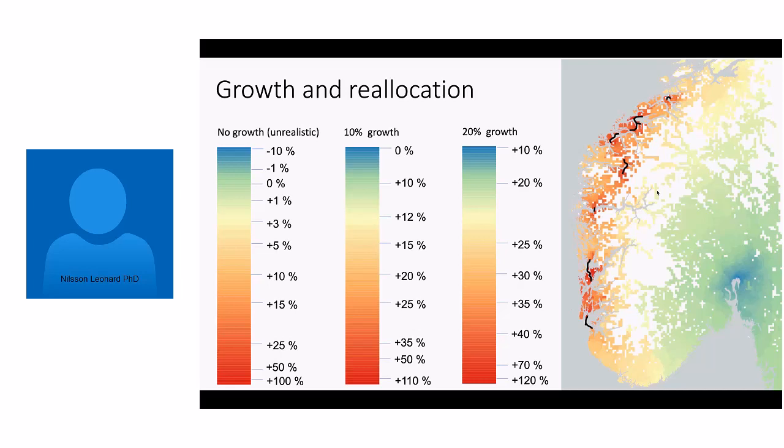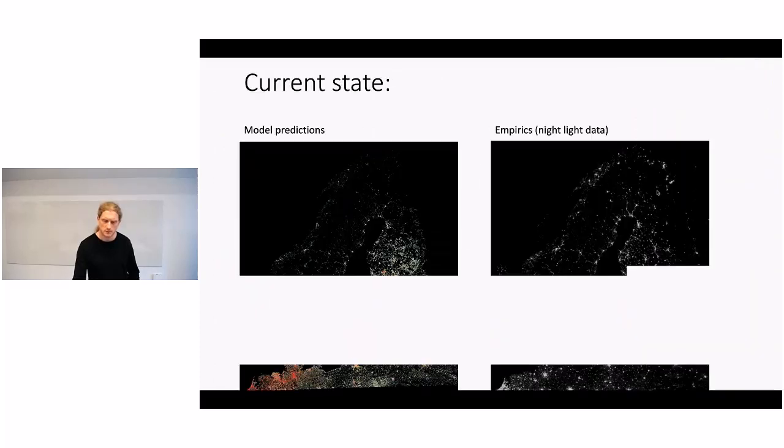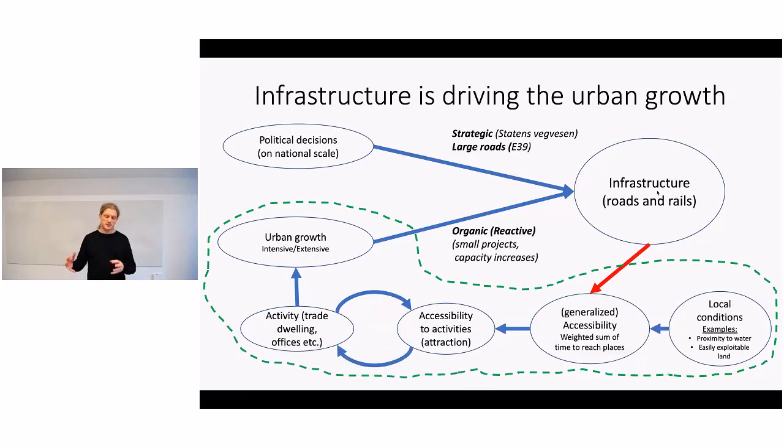But in your model, Leonard, is it just accessibility which is used? Well, we have used these local premises, as I said. Local conditions. But those are not very important.